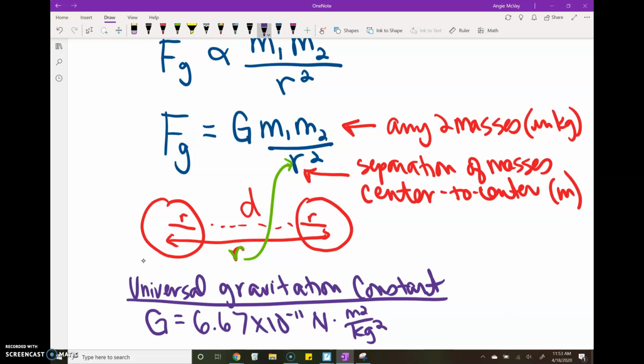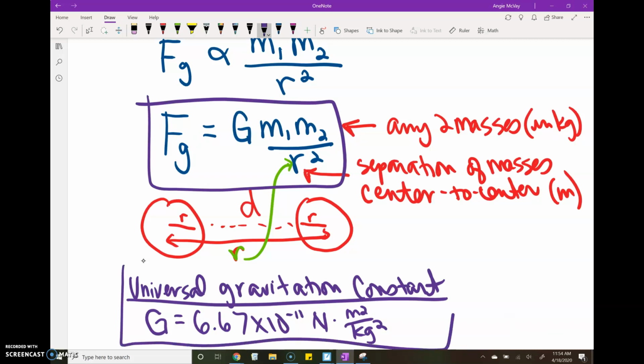Okay, now I'm going to go ahead and box this. This is the official version of Newton's universal law of gravitation, and this is Newton's universal gravity constant. This constant is tiny, right? Times 10 to the minus 11 is really super small.